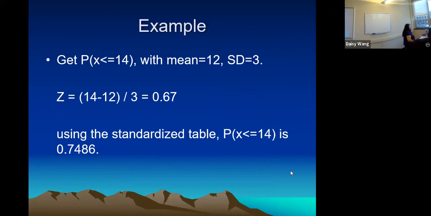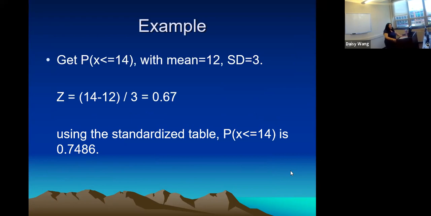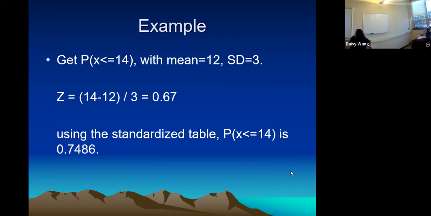Okay, so let's say an example. The probability that X is less than or equal to 14, when the mean is 12 and the deviation is 3.